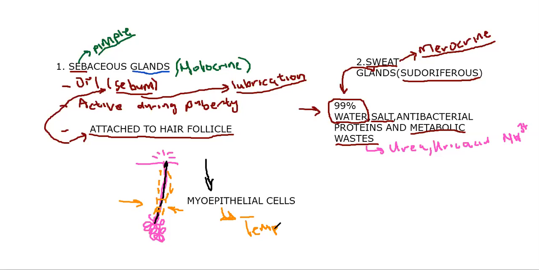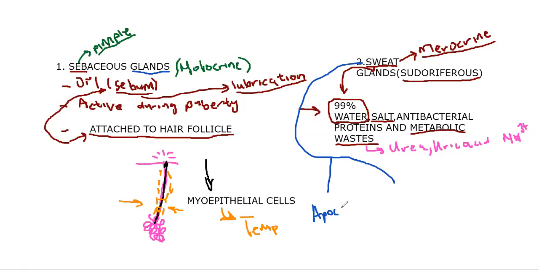And then what you have to know is that we have two types of sweat glands. I have 3 minutes left. I hope I can finish this. We have two types of sweat glands. We have apocrine glands, and then we have eccrine glands.